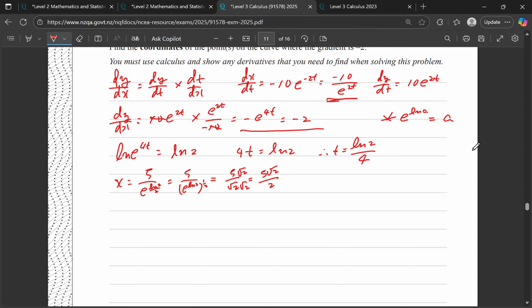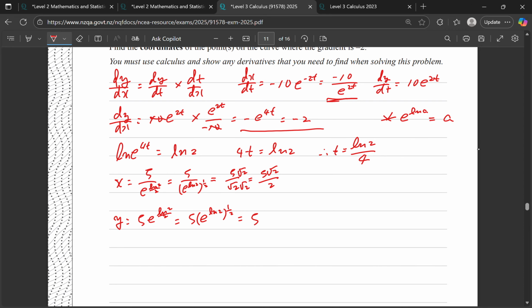And then the y coordinate. Same way, we plug t equals ln 2 over 4 into the y value, which is y equals 5e to the power of ln 2 over 2. I'm going to write 5 times e to the power of ln 2, to the power of half.